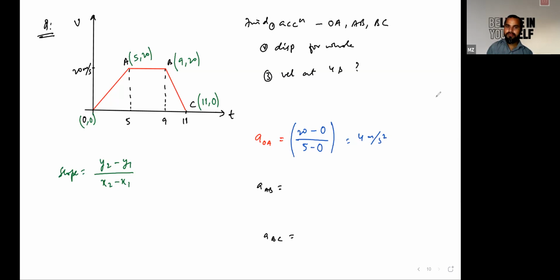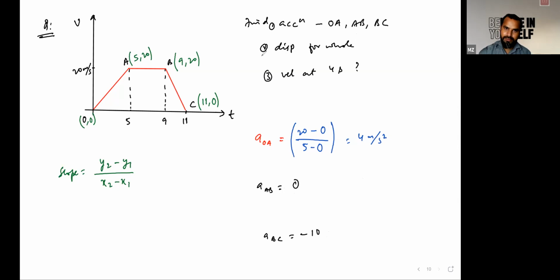Hamza, have you solved? Sir, which one? Second one, displacement. No, sir, doing that. Acceleration for these three segments. Yes, sir, done. Acceleration for AB is 0. Good. And acceleration of BC, sir, is -10. Good.